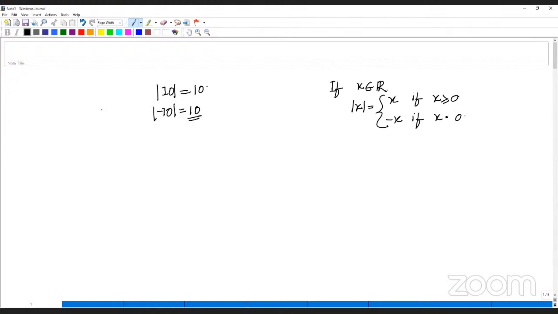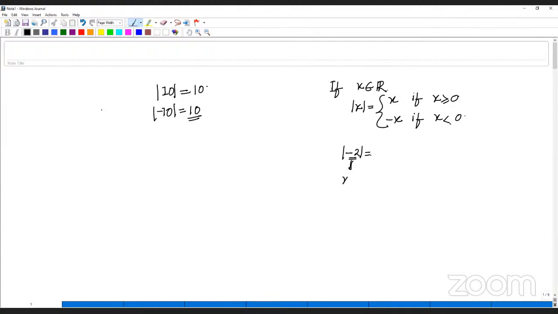Okay, sir. For example, if I take the modulus of minus 2, by definition, what is the modulus of minus 2? It goes by this definition: the modulus of x is minus x if x is less than 0.